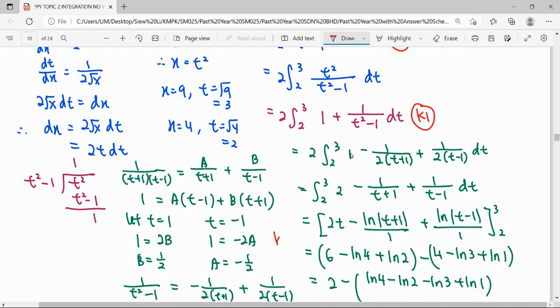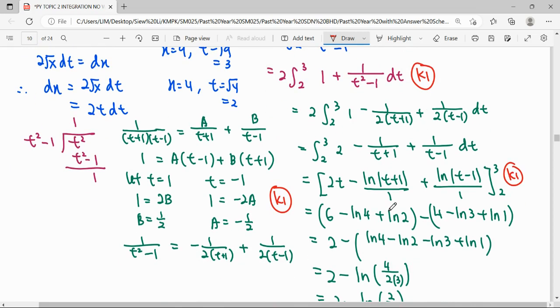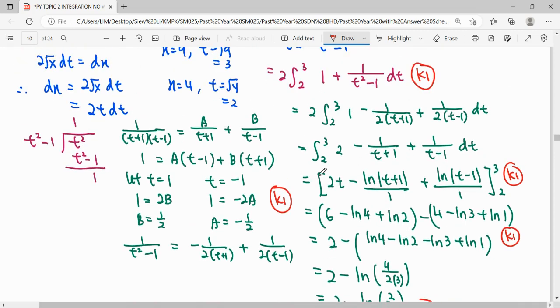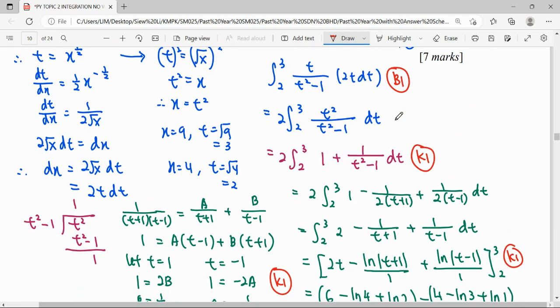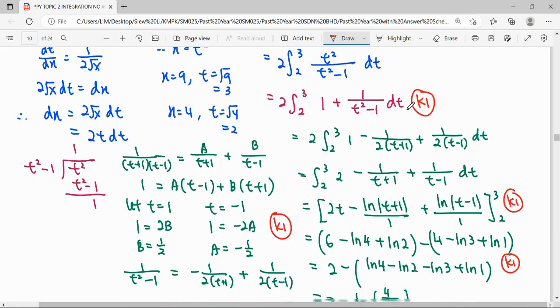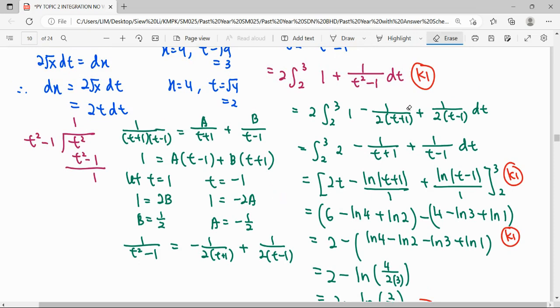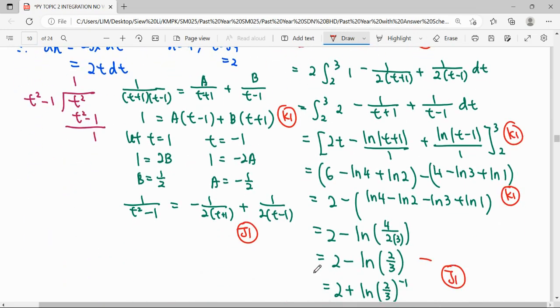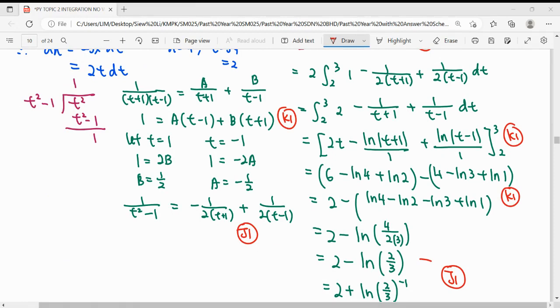Then we perform partial fractions, in order to get this new form so that you can integrate, and state the upper limit minus lower limit, simplified to either this or this. Alright, so here: partial fractions, working, and answer. 7 marks.